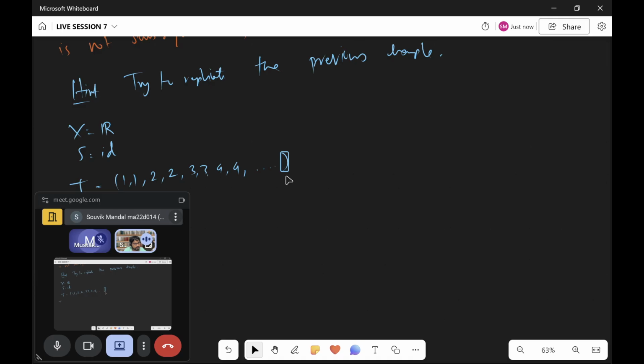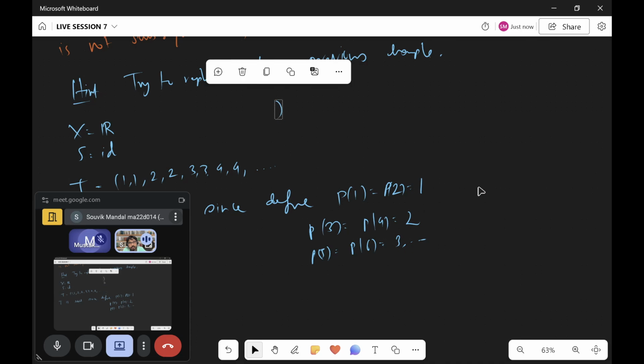Then clearly T is a subnet, since we can define P1 equal to P2 equal to 1, P3 equal to P4 equal to 2, P5 equal to P6 equal to 3, and so on. So this is one example.